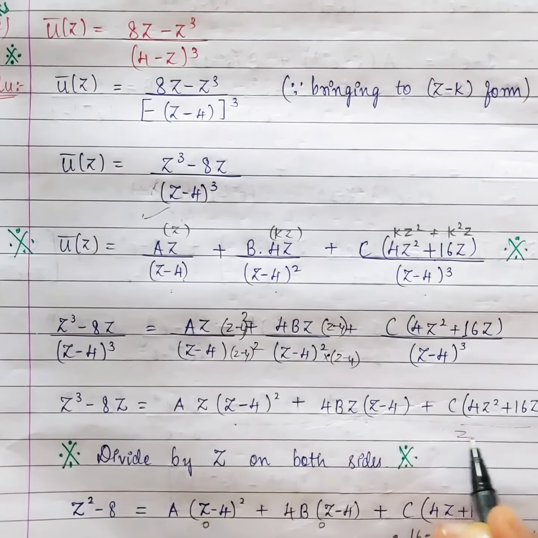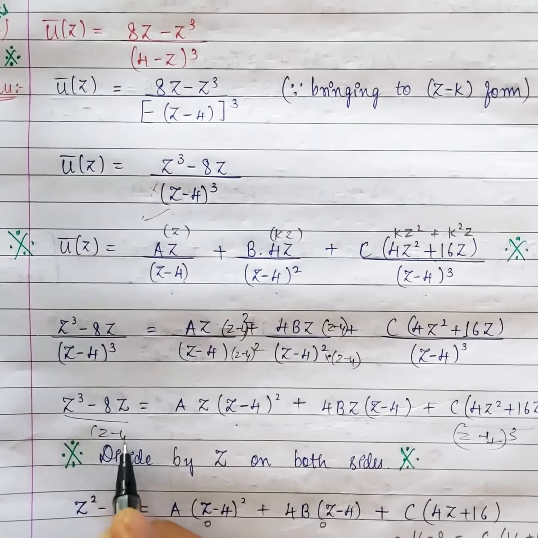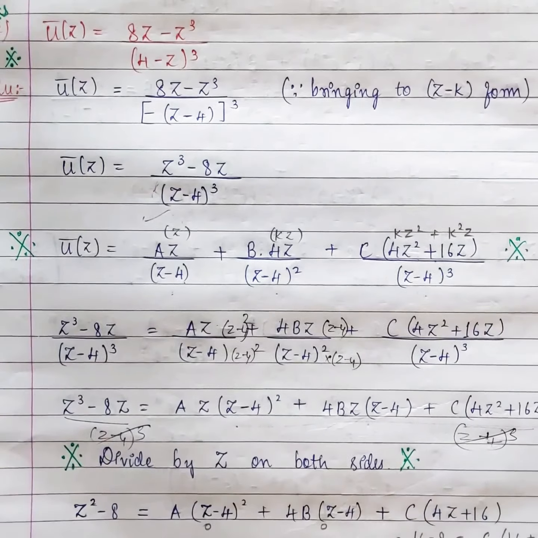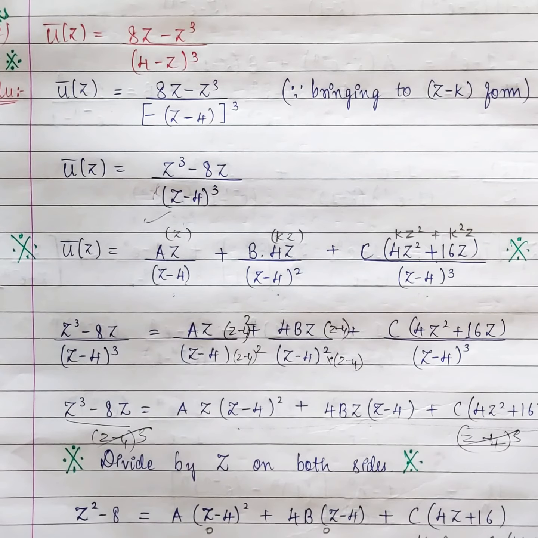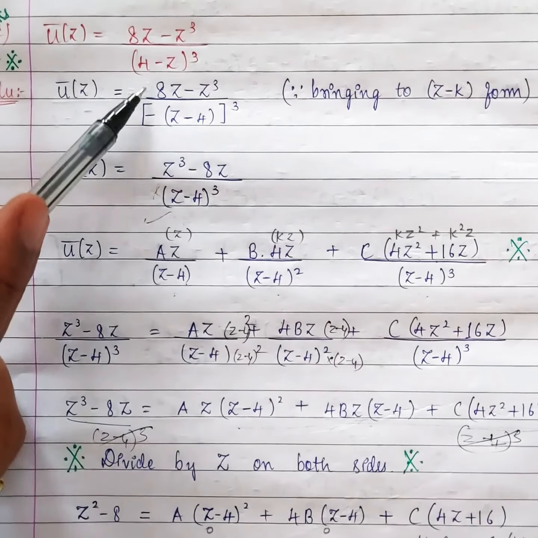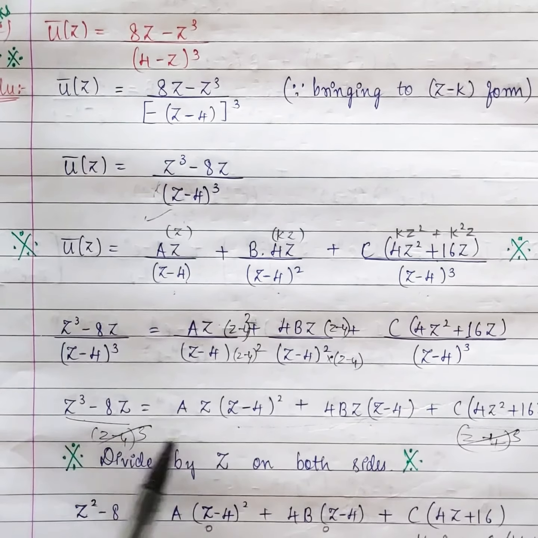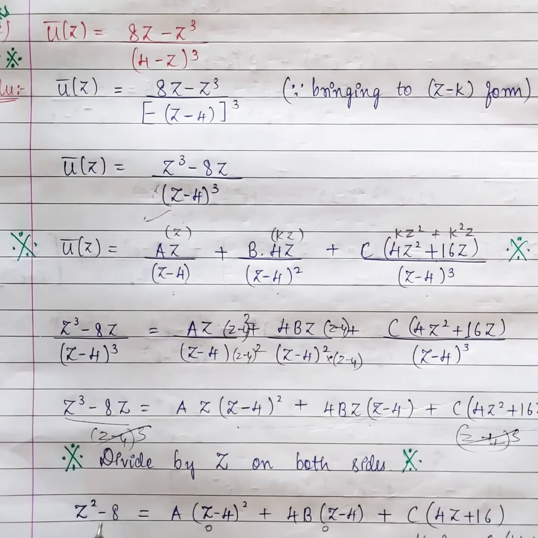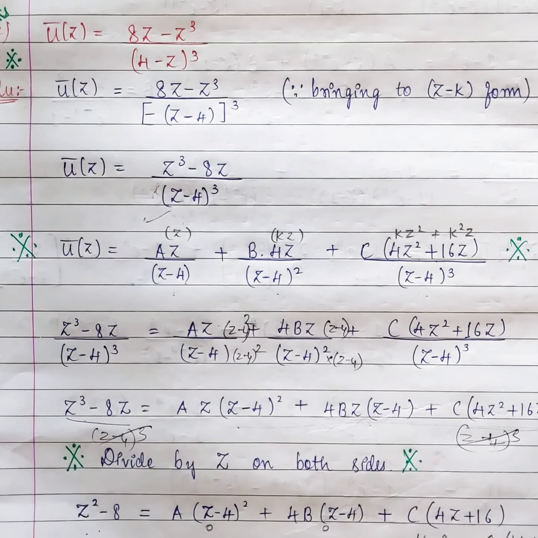The whole thing is divided by (z minus 4) the whole cube, and on the left side also the whole thing is divided by (z minus 4) the whole cube. This and this will get cancelled, which is why we didn't write the denominator here. After this step, since we didn't take z down, we can cancel z from both sides. The extra z is there: z cube minus 8z, if I take z common, I get z square minus 8.